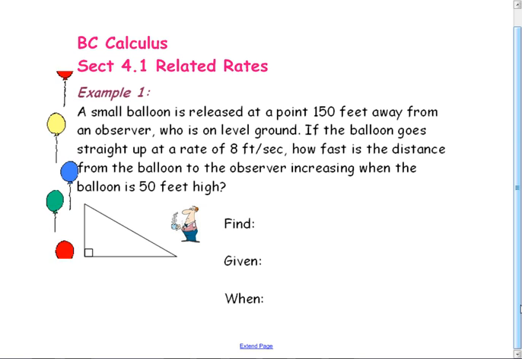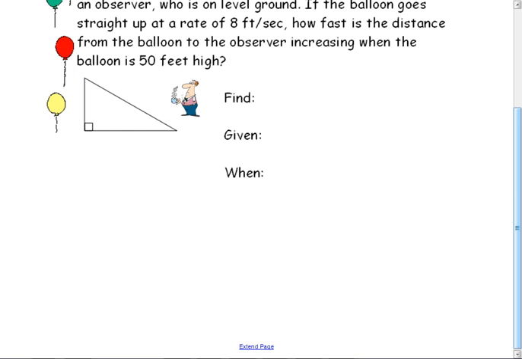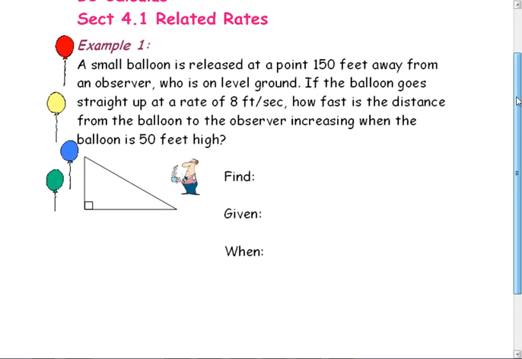The homework kit really helps you with the questions. Okay. So sometimes on the AP exam, they give you a point for the find, given, when. Okay. It's one at a time.